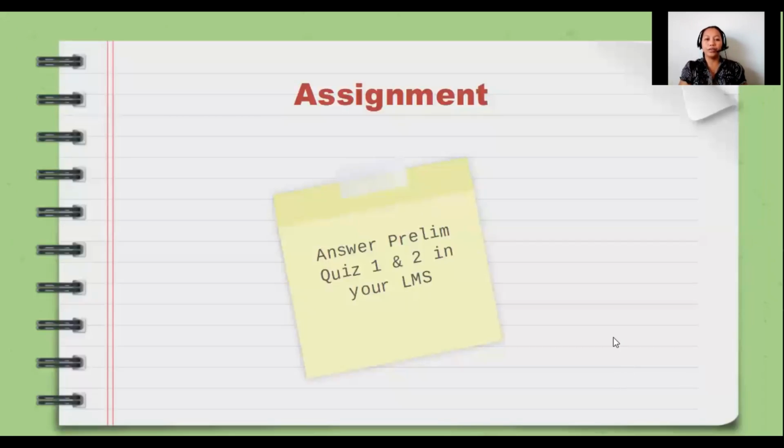Okay, so if you notice, I have listed here the assignment. Your assignment for week 1 and week 2 is just to answer prelim quiz 1 and prelim quiz 2 in your LMS. So that's all, guys, for week 1 and week 2 under your LMS.